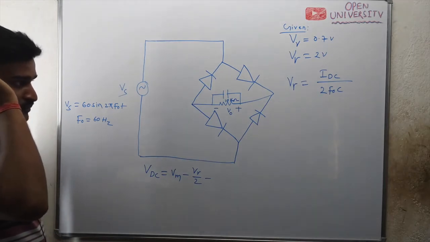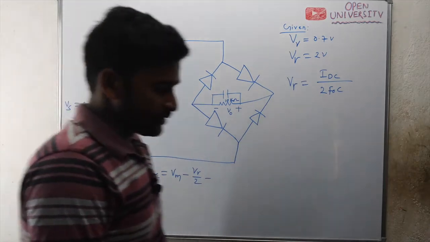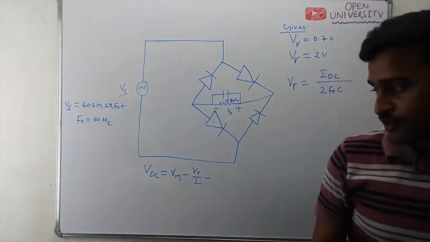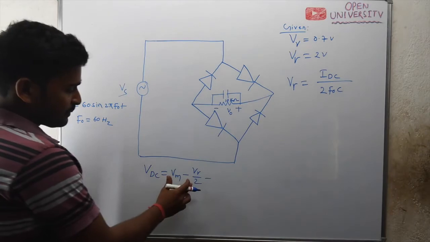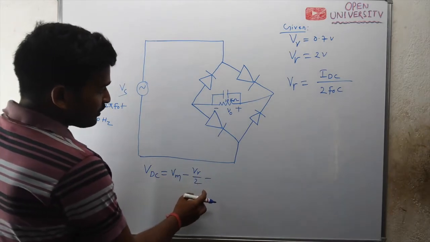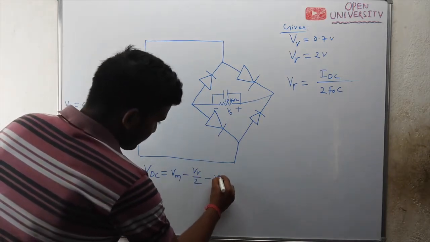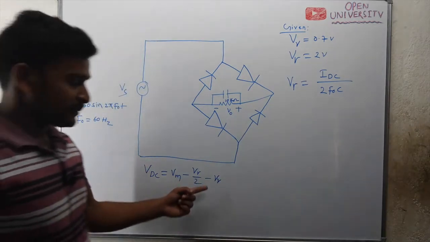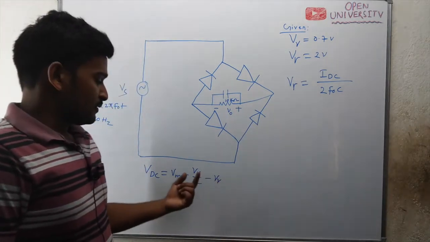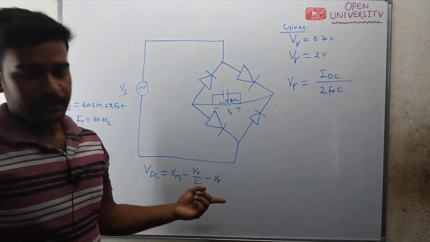Then the value of cut-in voltage will be considered. Then what will be the value of VDC? This VDC will be Vm minus VR by 2 minus V gamma in case of half wave rectifier and center tap full wave rectifier.